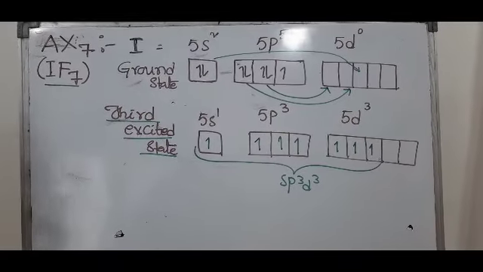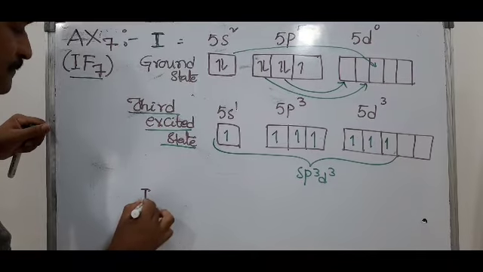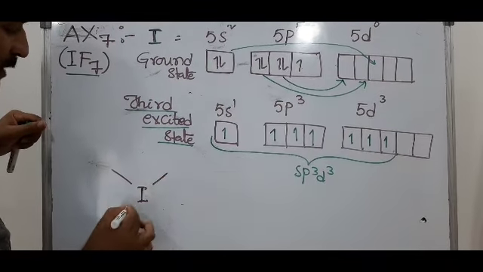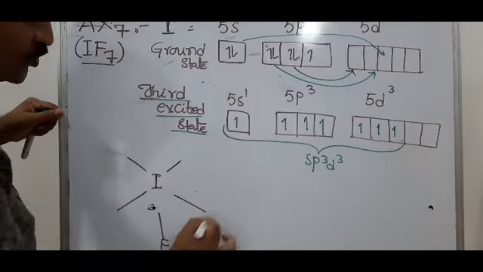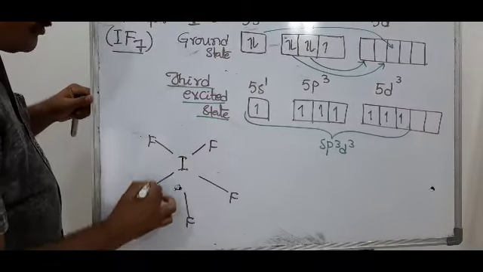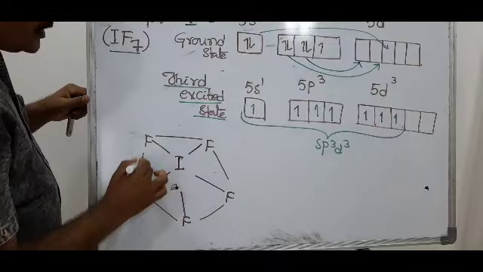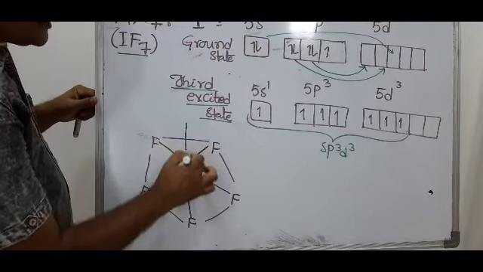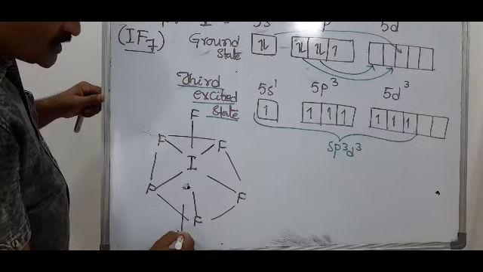With sp3d3 and 0 lone pairs, the shape is pentagonal bipyramidal. Iodine and all 5 fluorine atoms are present in one plane, and above the plane one fluorine is there, and below that one more fluorine is there.